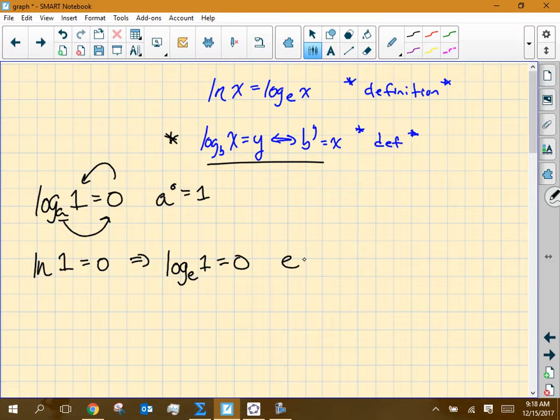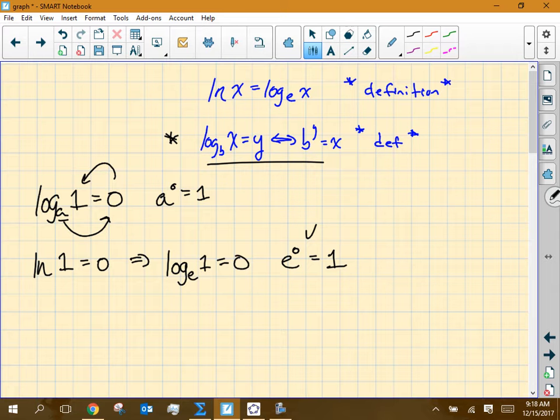E raised to the 0, anything raised to 0 is always 1. Okay? So that's the proof of that property, that whenever you see ln of 1, you can quickly, if you've memorized it, change it to 0. Now, my hope is that you don't memorize it. My hope is that you use it enough, you recognize it enough, that it eventually becomes common knowledge, right?